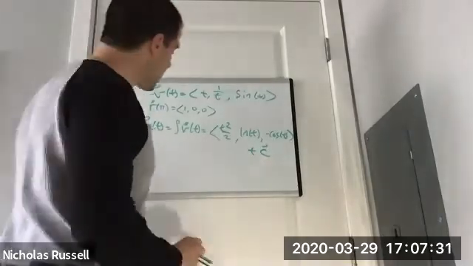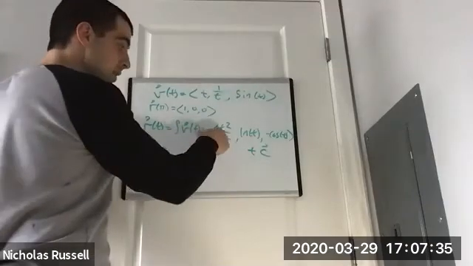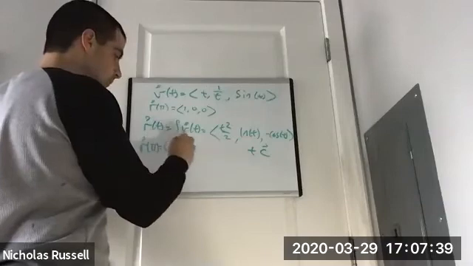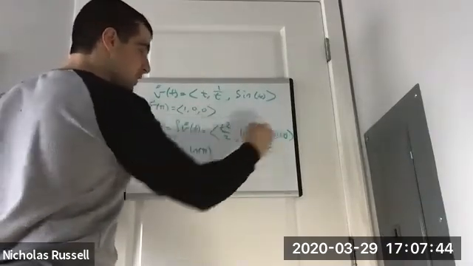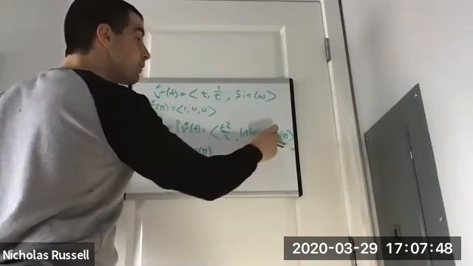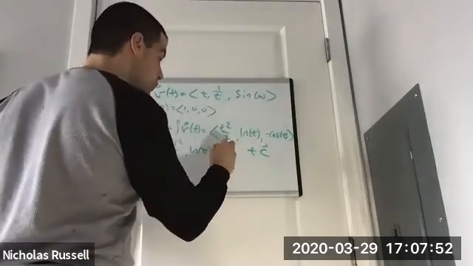To find this c, I use my initial condition. So I remember that r of pi, if I plug this in, is pi squared over 2. This guy would be just the natural log of pi, and this guy would just be 1, because cosine of pi is negative 1, so negative cosine becomes just 1.